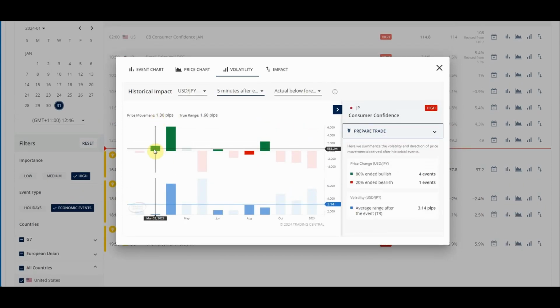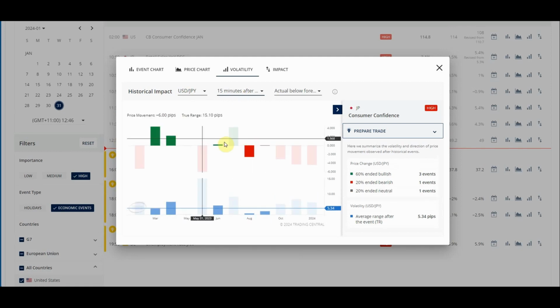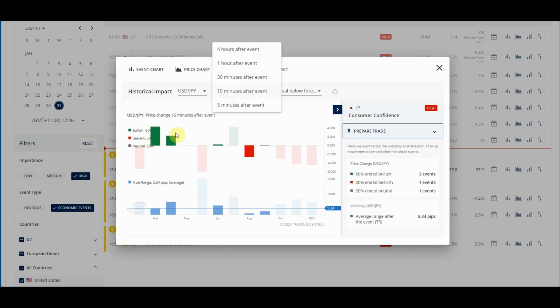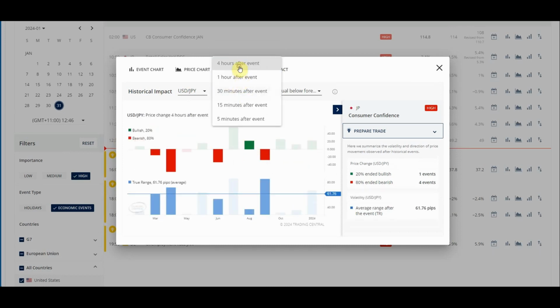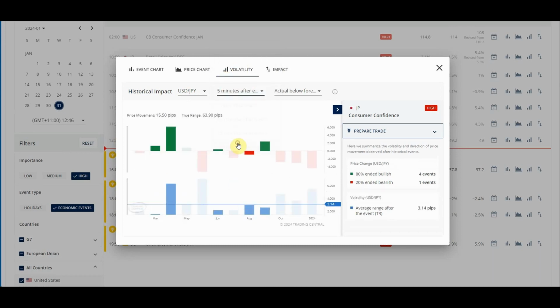So if the actual is below 37.8, in the first 5 minutes, the market tends to rise. 15 minutes is a little blurrier, but the first 2 rows. 30 minutes after, and we're starting to form a bit more of a trade. So in 5 minutes, we expect a push up. In this scenario, actual below forecast.